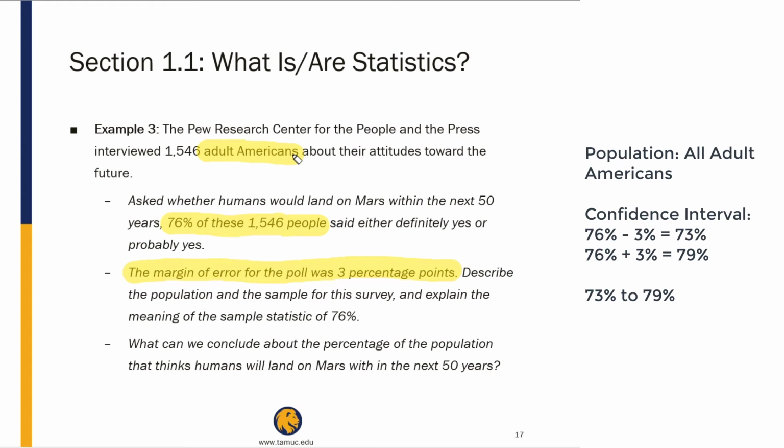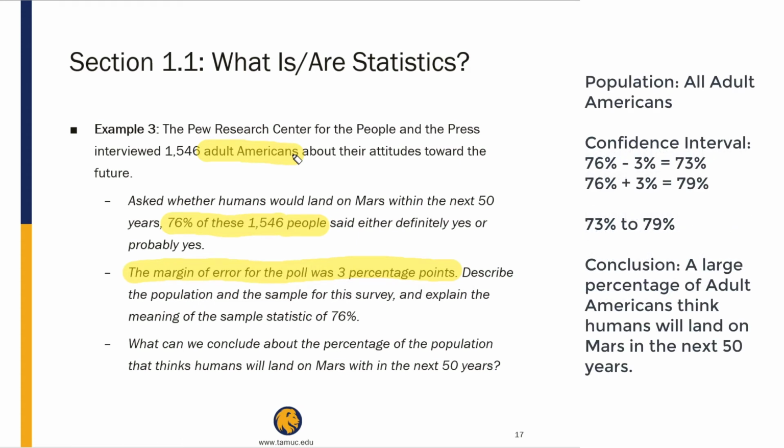And we call that the confidence interval from 73% to 79%. So what we can conclude from this is that a large percentage of all adult Americans think that humans will definitely or probably land on Mars within the next 50 years.